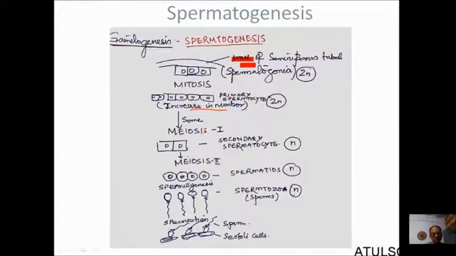As they increase in number, some of them undergo differentiation and start meiotic division. By the first meiotic division there is a formation of secondary spermatocyte.